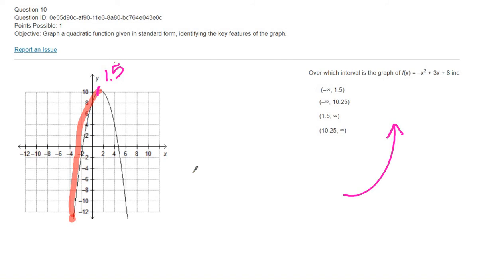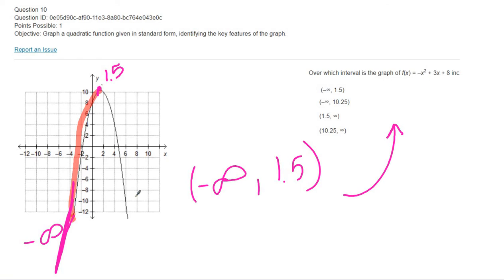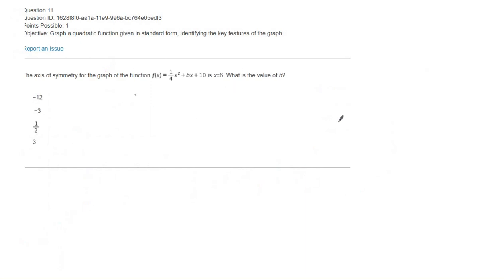So we can say that it is increasing from negative infinity, which is just down here, meaning it keeps going and going, all the way up to 1.5. And then from here, it's going to be decreasing.